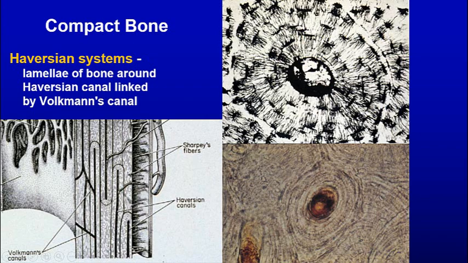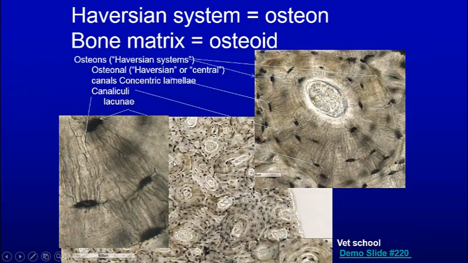What we're seeing here is the space is dark, and then you can see little channels. Those are the canaliculi that are in there, and so this is one Haversian system, which is one of these units here. From there to there is one unit. From there to there is another unit, and it runs down the length of bone.